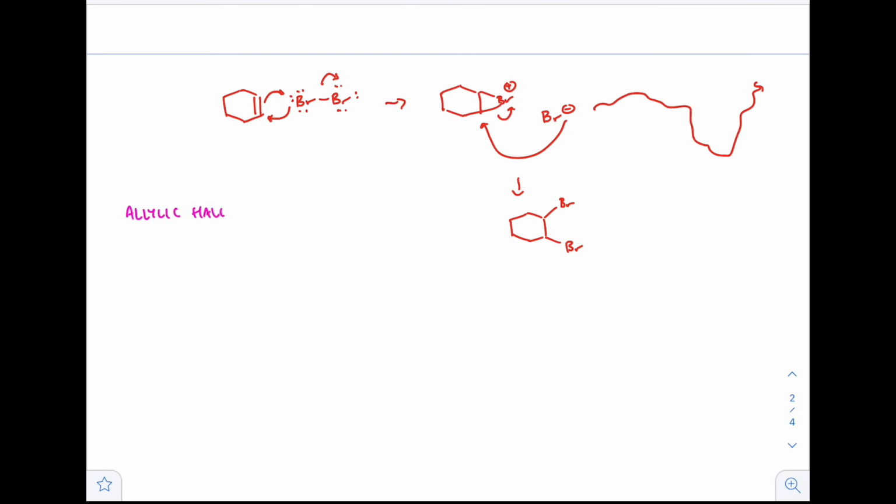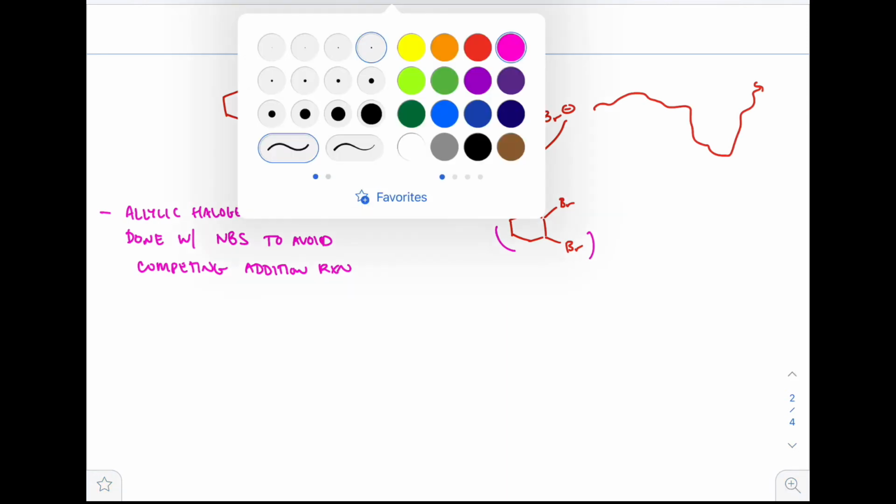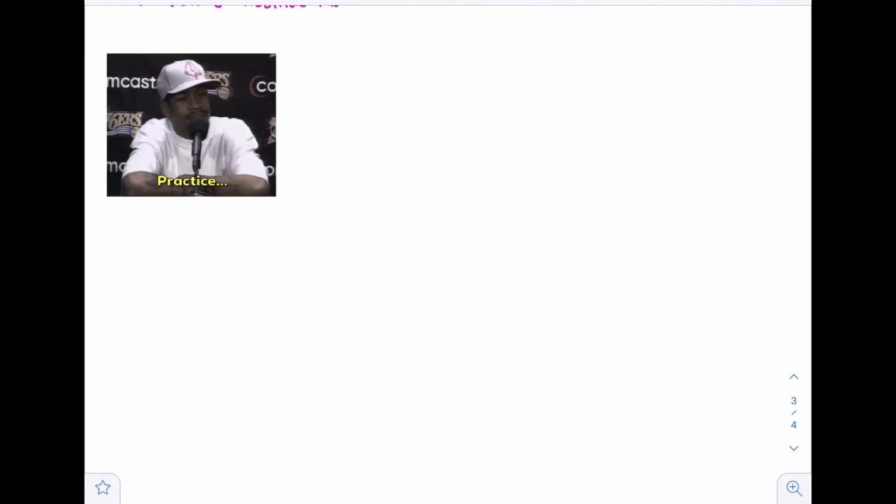And all of these things being able to come together is just not statistically likely when you have a halogenation reaction occurring in conditions that promote a radical mechanism, right? And so that's basically what I'm getting at: the allylic halogenation must be done with NBS to avoid the competing addition reaction, right? That guy right there. And this is going to allow us to more or less selectively form the allylic bromide.